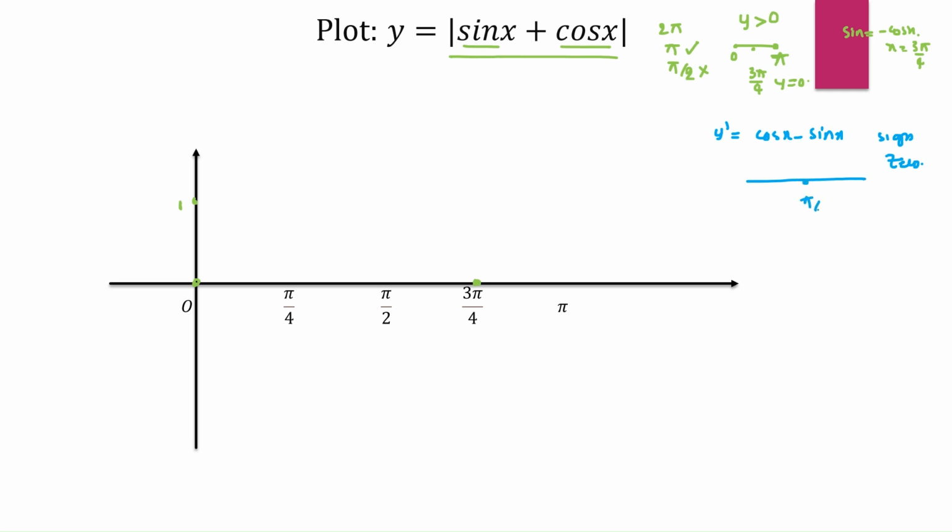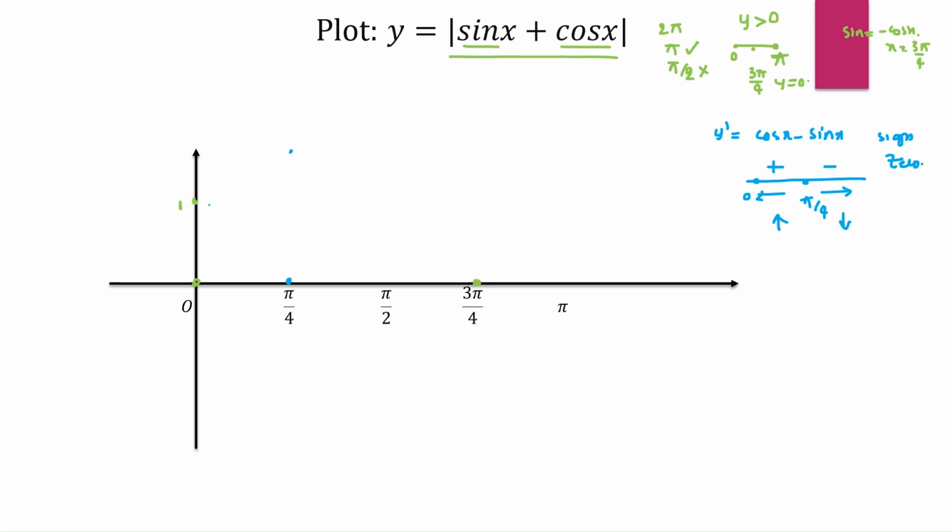At x equal to pi by 4, y dash is 0. For x less than pi by 4, let us say x is 0, cos 0 minus sin 0 is 1, so this is positive, and for x greater than pi by 4 it is negative. That means for x less than pi by 4 the function is increasing, and for x greater than pi by 4 the function is decreasing.